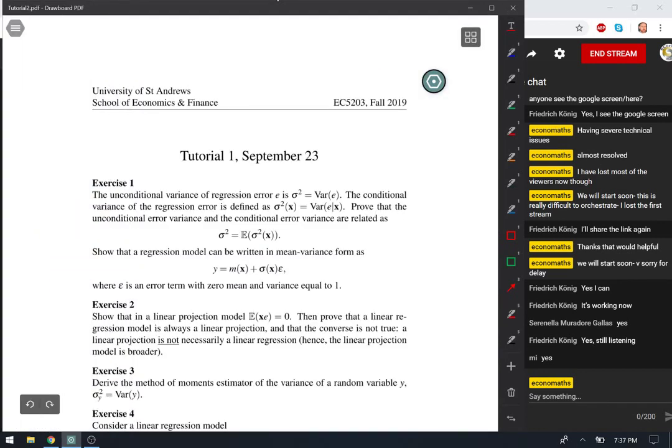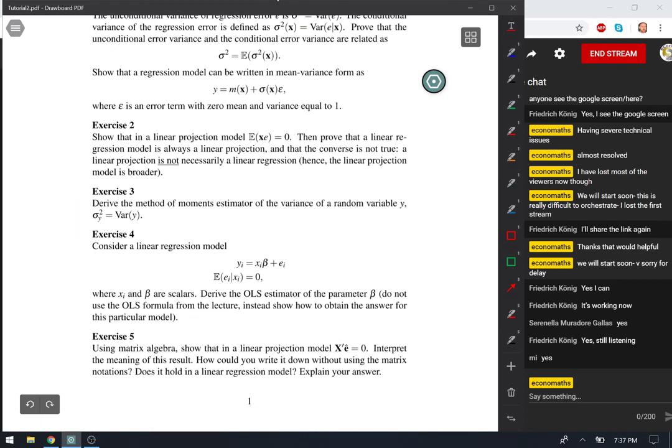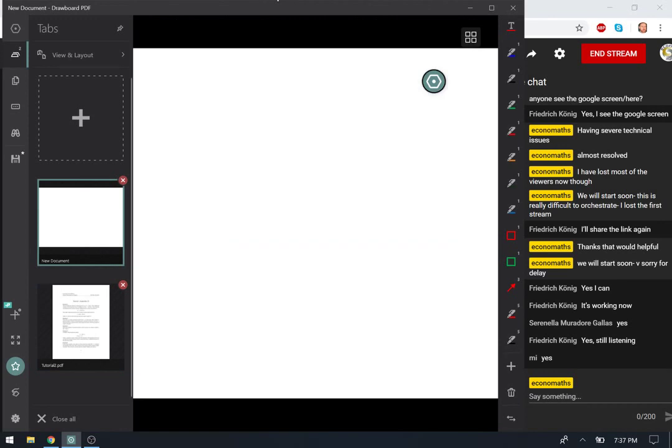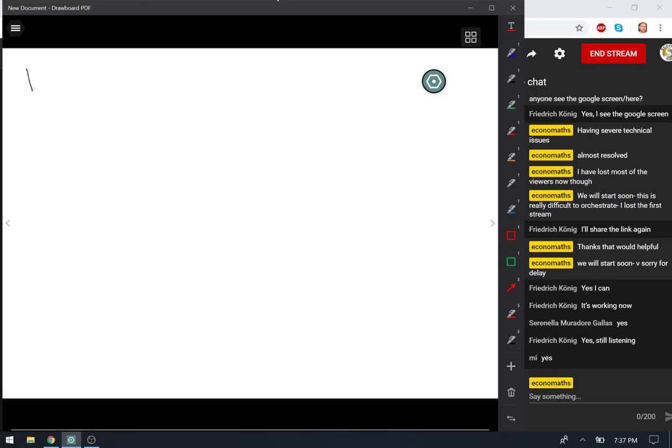Okay, so then I think we're on now question 3. Derive the method of moments estimate of the variance of the random variable y. So this is relatively straightforward. The variance of y, again, we've got the shorthand. Remember that this is just shorthand for the formal definition of the variance: the average of y minus its mean, squared.